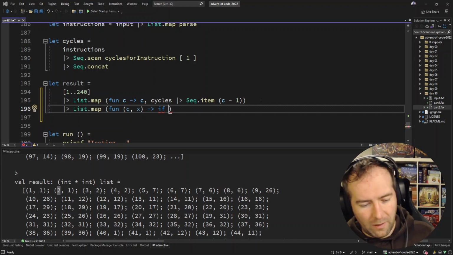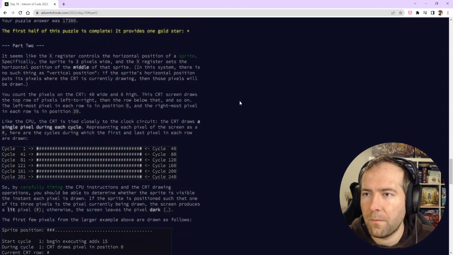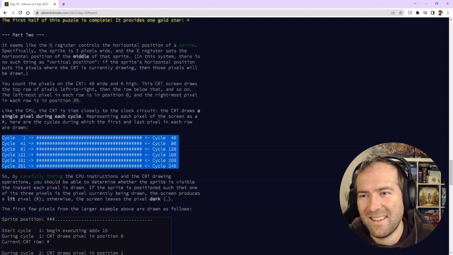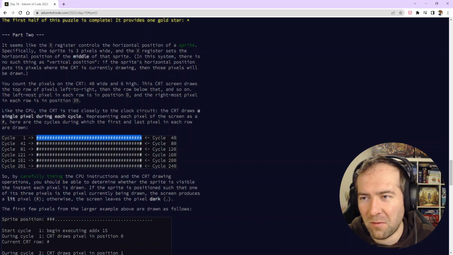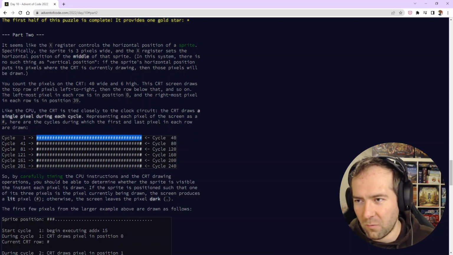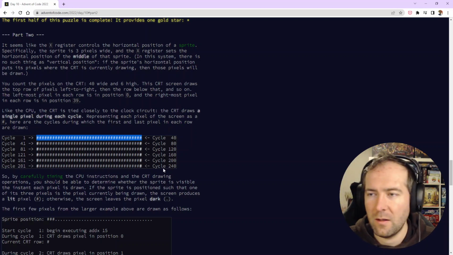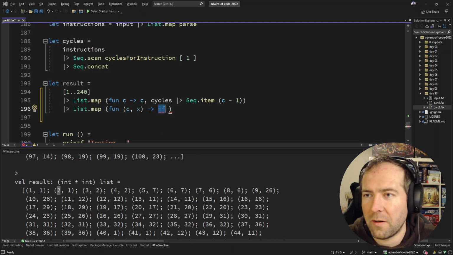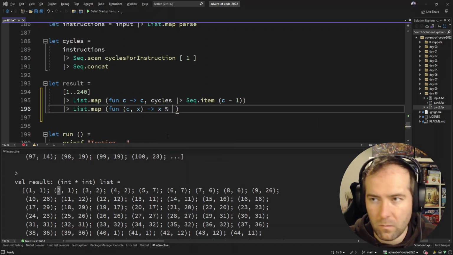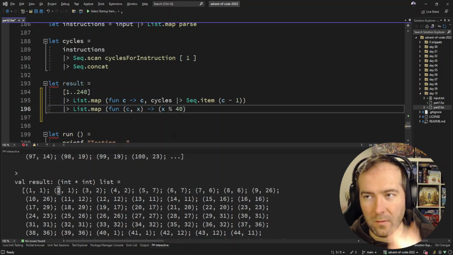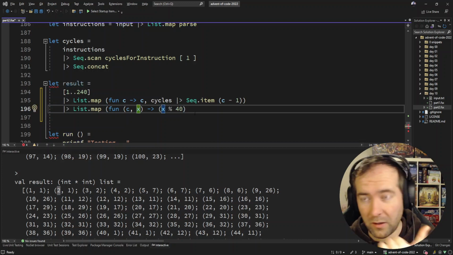Oh, and the line goes from what? From 0 to 40. So we need to divide by what? Modulo 40? It's a single line, but we go over it 6 times. So yeah, there's a modulo 40 in there if we want to do it like this. And then that's the sprite location and minus plus 1.